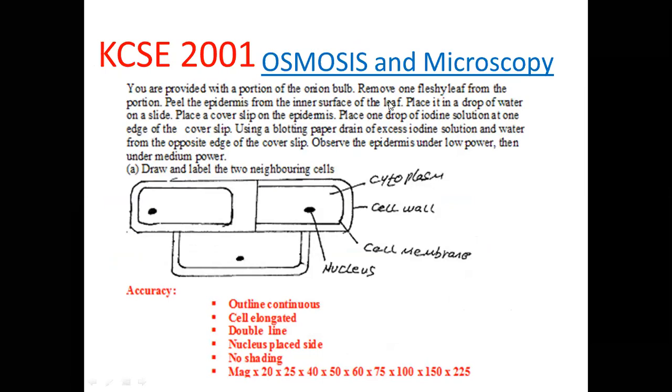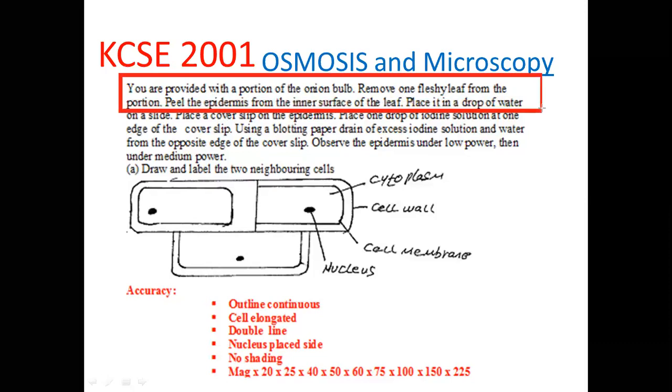Mute. Now, in 2001, and this is now my last engagement, students were supposed to determine whether osmosis has taken place or not. Students were provided with a portion of onion bulbs. They were to remove one leaf from the onion, the one which is more fleshy.